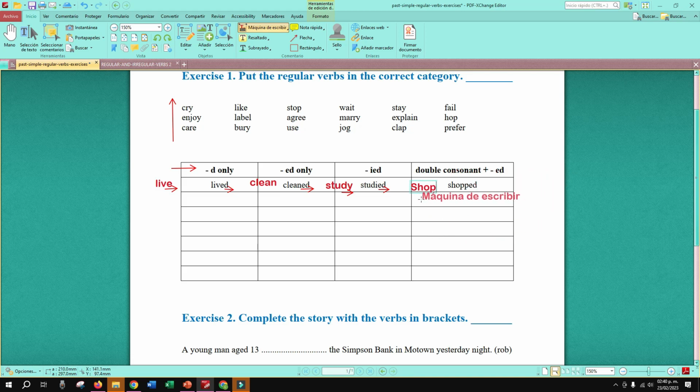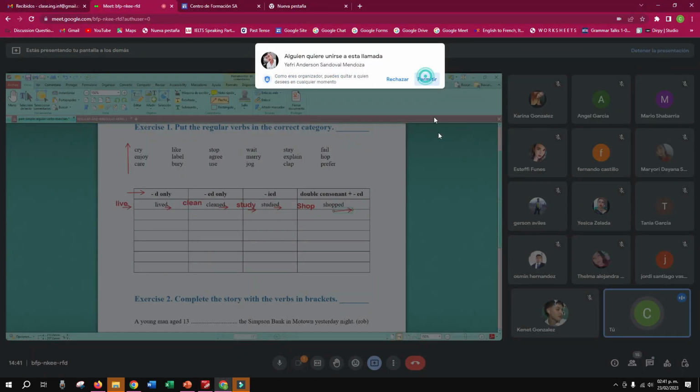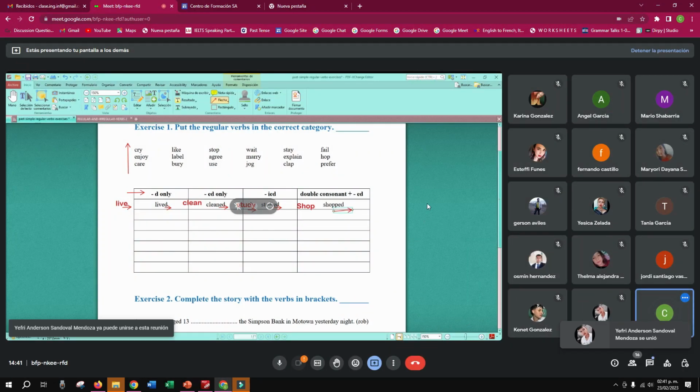If you remember this, you have consonant, vowel, consonant. So you need to add another P, or double the last consonant, and add ED, right? Shop, shopped, right? So I want you to classify them in that way, okay?